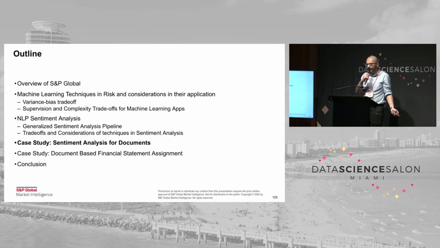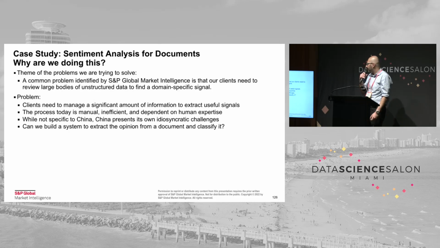So now let's go into the fun part. This is a case study on sentiment analysis for, in this case, Chinese public disclosures. One common theme at S&P Global is that we have a lot of unstructured data. We buy a lot of data, we mine it, and we resell the output, the signals, to clients. And we create our own data.